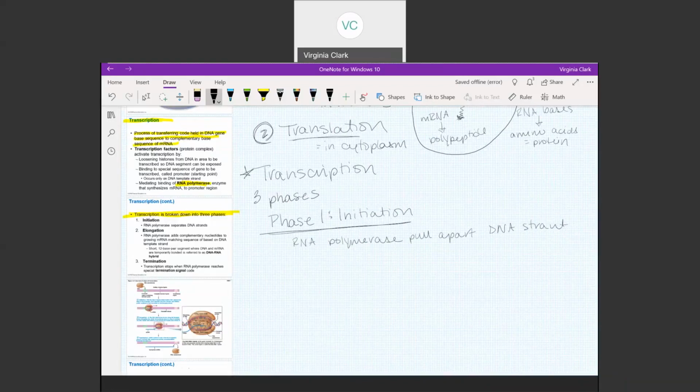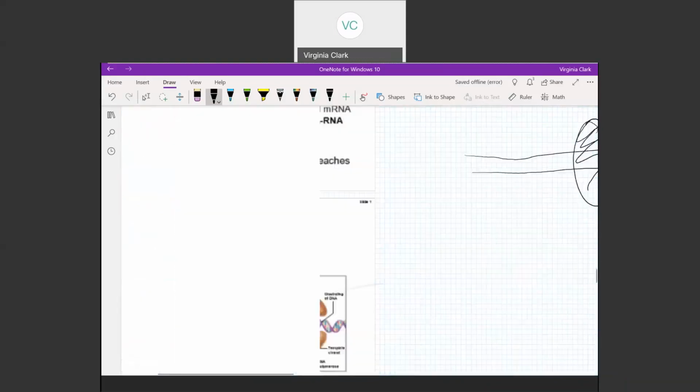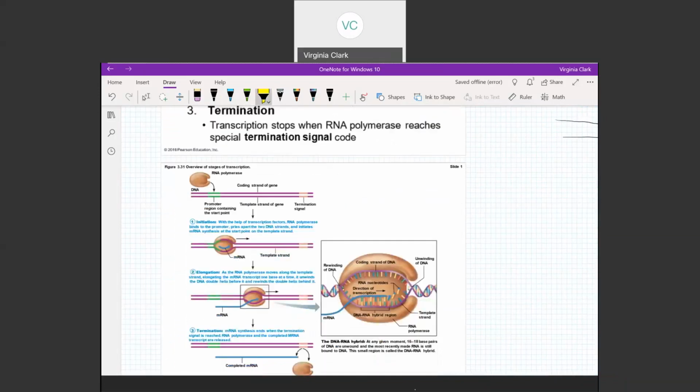So we're going from here, here's DNA, and we're going to put an RNA polymerase protein on it, and you're essentially going to get my DNA pulled apart. So that is going to be this phase right here, initiation. You're pulling apart that DNA. You can kind of see it right here.